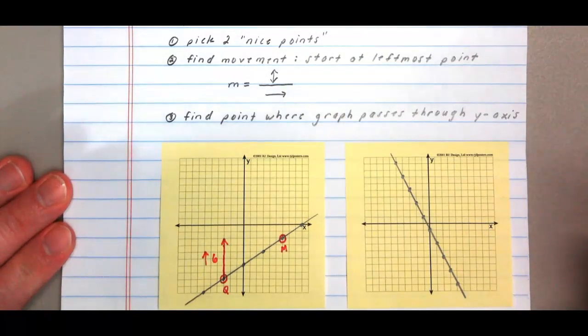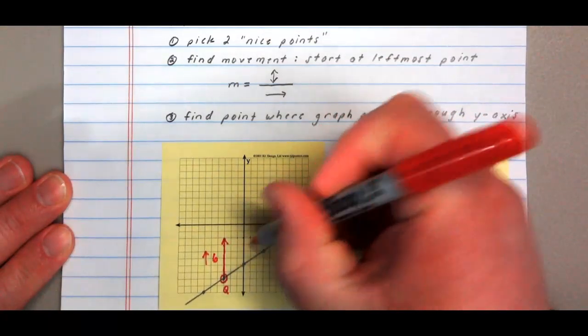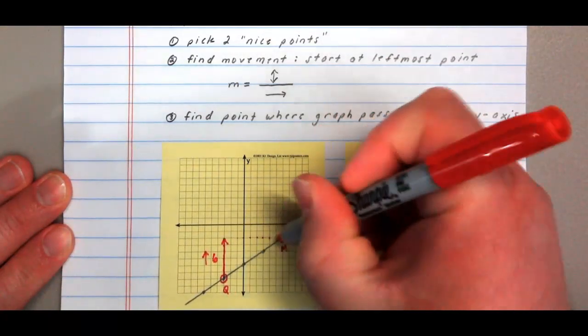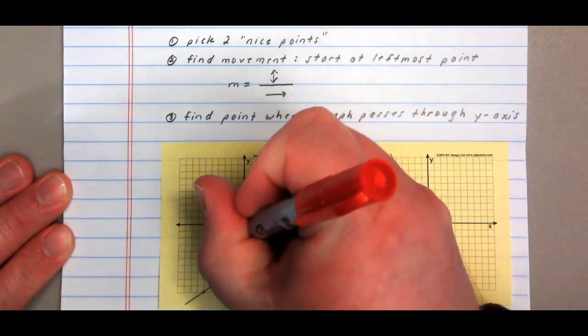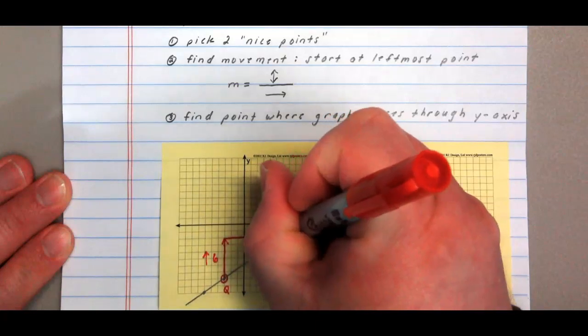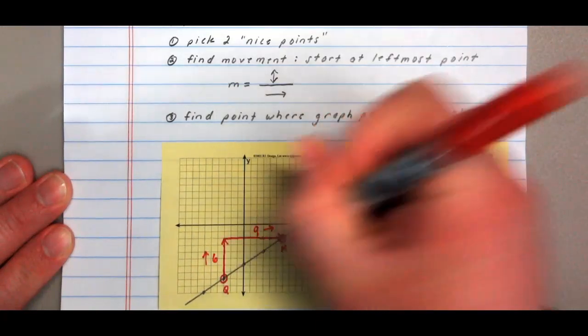And then we're going to go to the right. Well, let's count. From here it'd be 1, 2, 3, 4, 5, 6, 7, 8, 9. So we're going to the right 9 spots. So 9 that way.